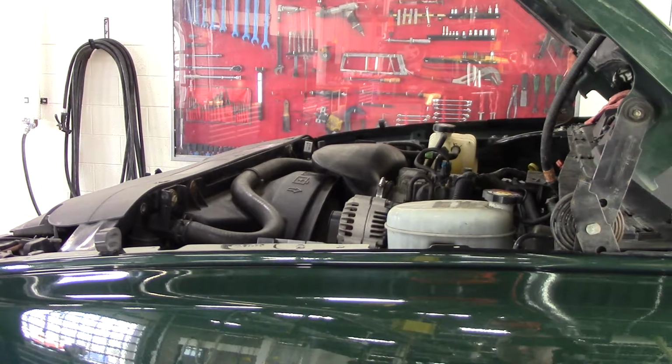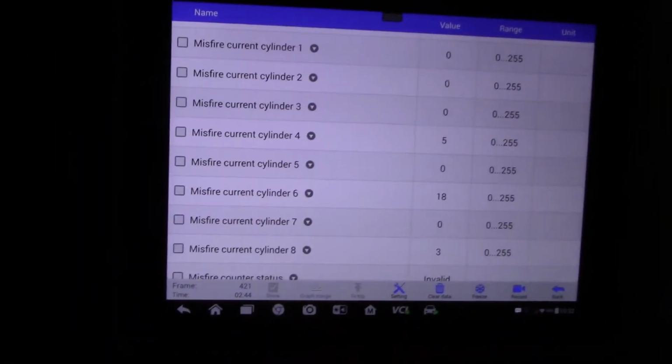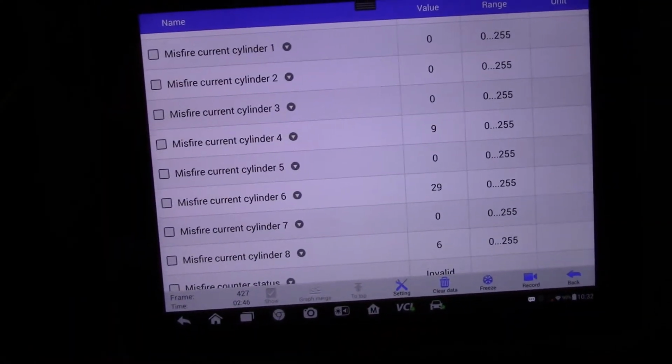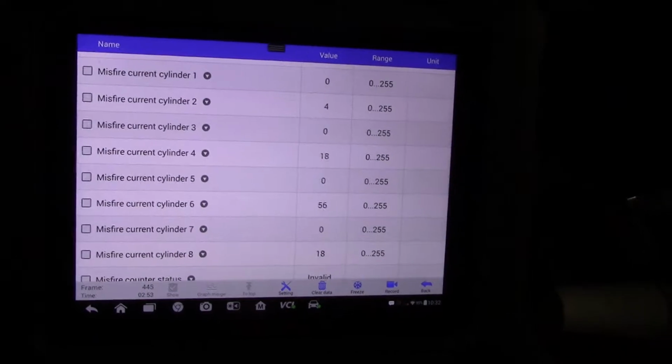Something else that I do want to observe is when I am power braking it like that, I want to look at the misfires. So I'm going to take the camera off the tripod here and bring it in the truck with me along with the scan tool. We're going to look at the misfire counts when we load it. See what's going on. Okay, so left foot on the brake, popping it in reverse, and power brake this engine.